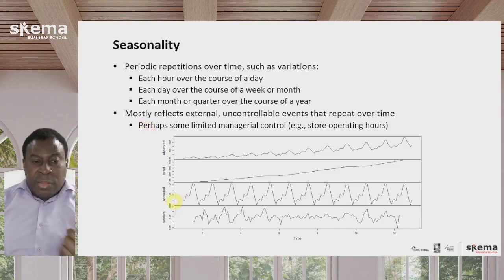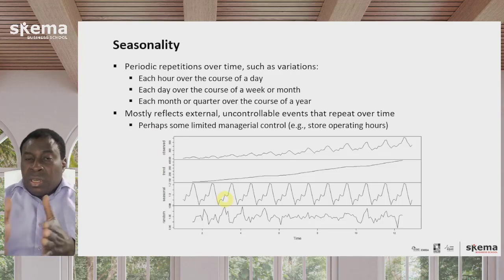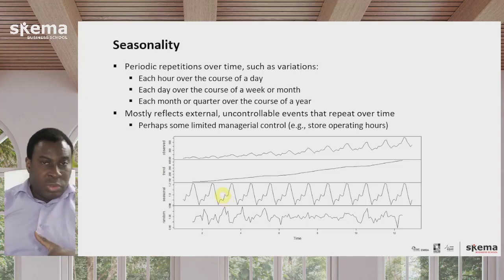And in an airline situation, you might not be able to control when people take holidays, but you can respond by opening certain routes specifically when there's holidays, and when traffic is low, you close those routes or you reduce the number of flights. So managers can respond to seasonality, even though they often cannot control the external factors that drive the seasonality.